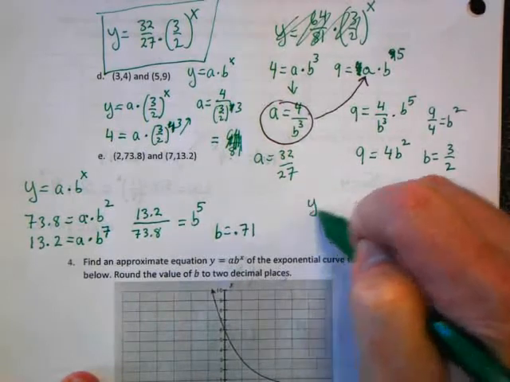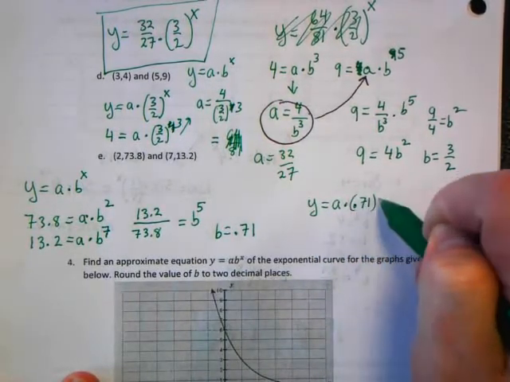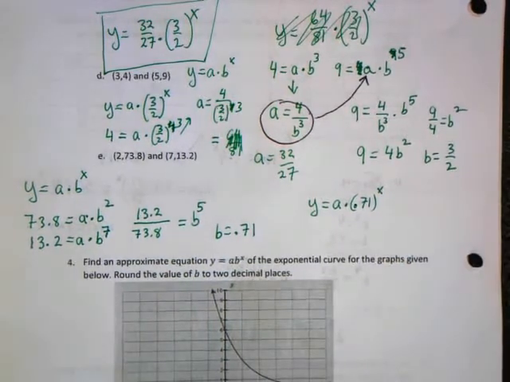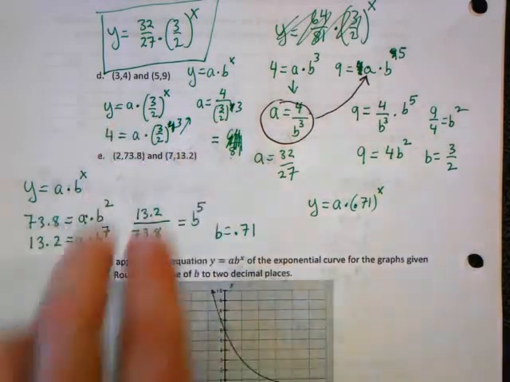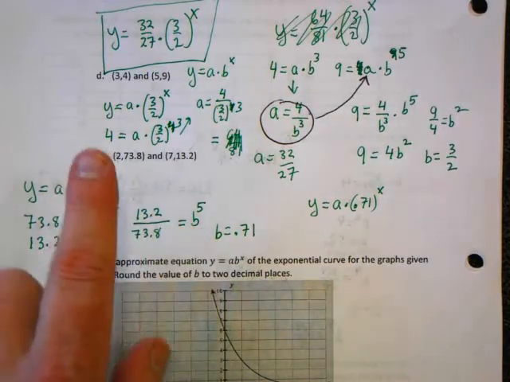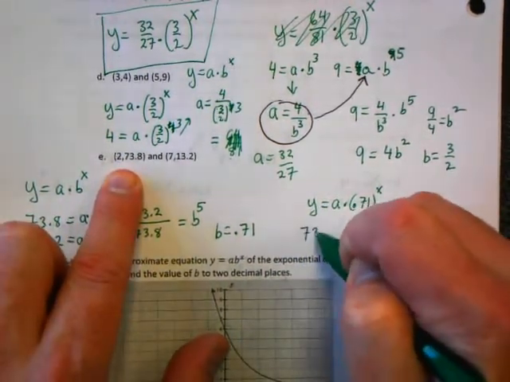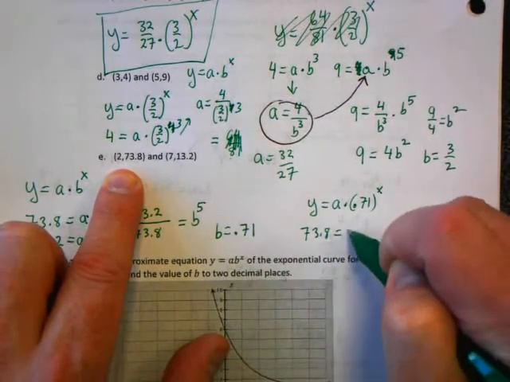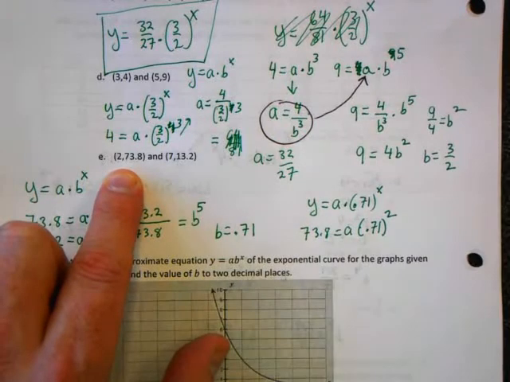I have y equals a times 0.71 to the x. I plug in one of the two pairs of numbers. It doesn't matter which one. I guess I will use the first one. 73.8 equals a times 0.71 squared.